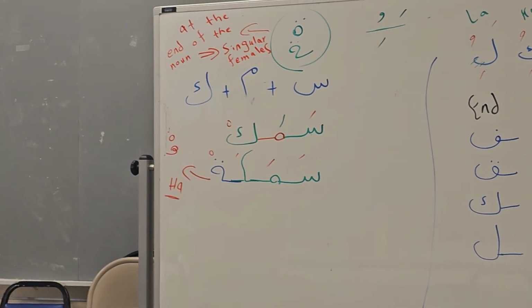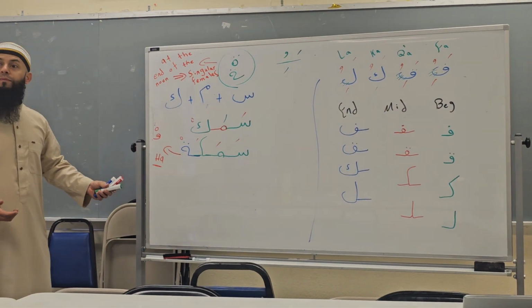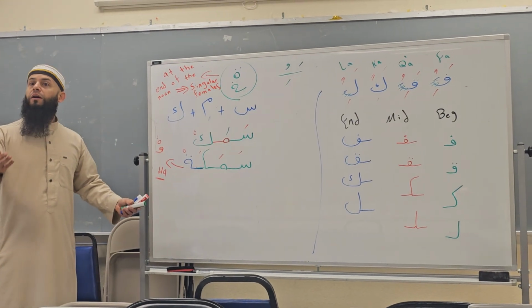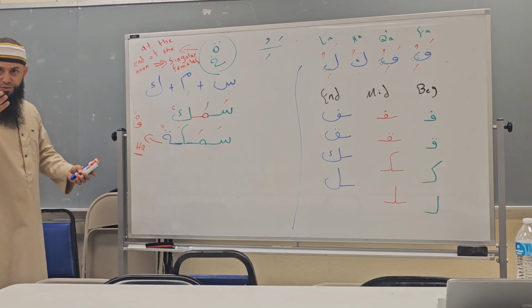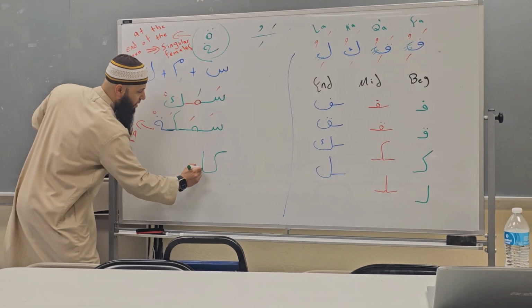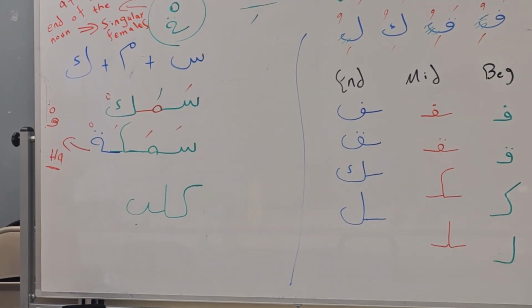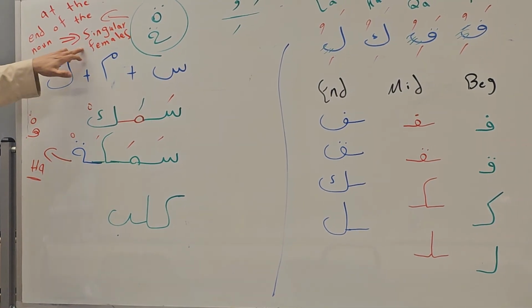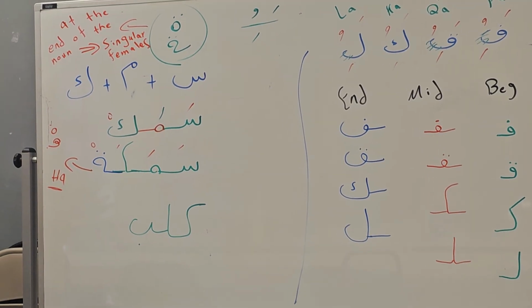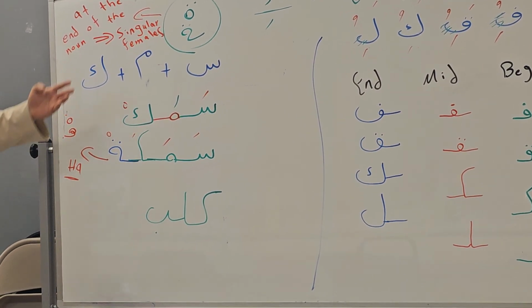You change it into a female dog. What are you going to do? Like the word kalb. This is kalb, right? Kalb, which means it's a dog, male. Now, if I want to change it to a female, what are we going to do?